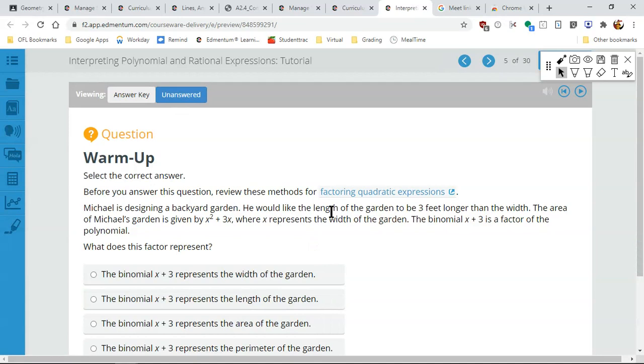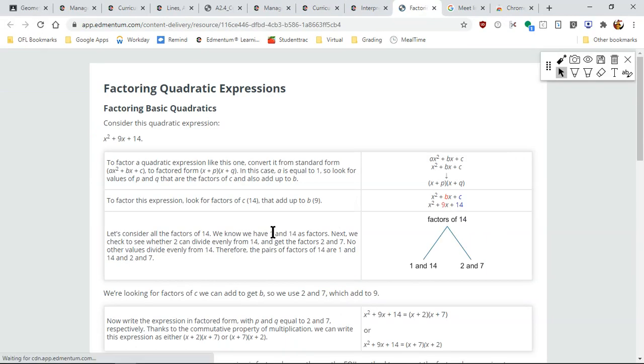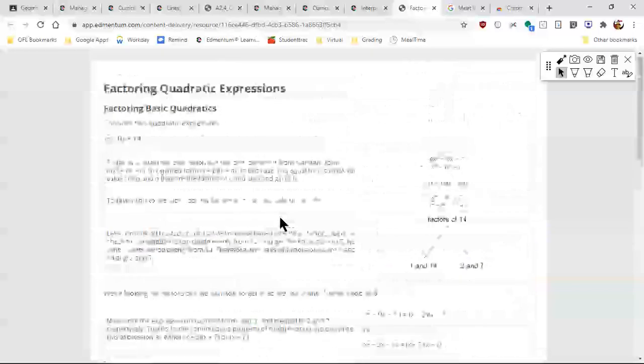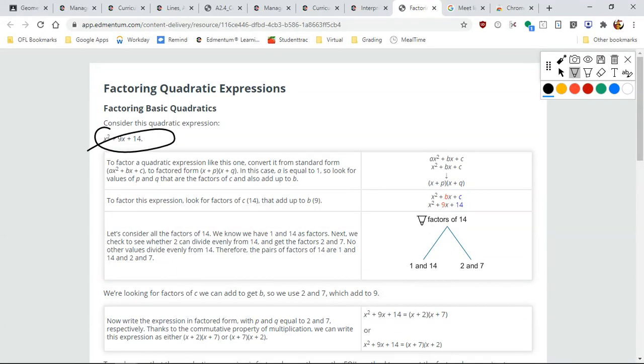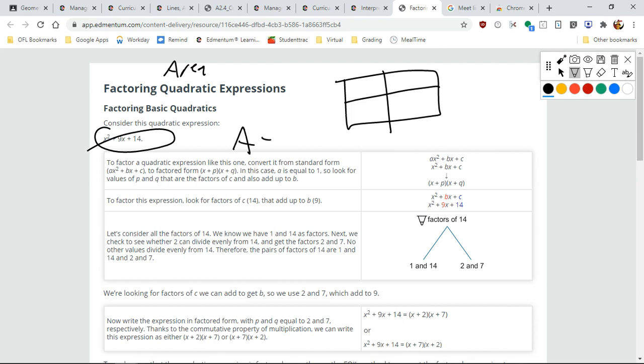Before you answer the question about factoring expressions, here's a review on factoring expressions. Any of you who have ever come into the Nook for help or have taken one of my classes knows that the way I like factoring is this thing called the box method. The box method, also known as the area method, is this idea of area equals length times width.